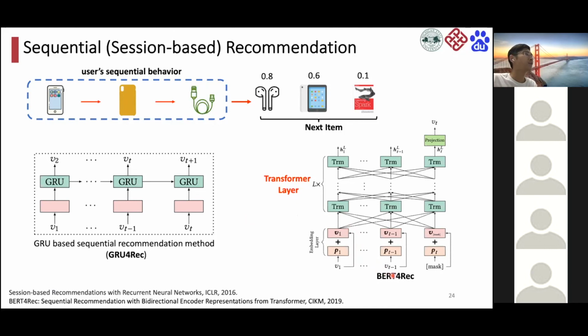BERT4Rec is stacked by L bidirectional transformer layers. At each layer, it iteratively revises the representation of each position by exchanging information across all positions at the previous layer in parallel with the transformer layer.